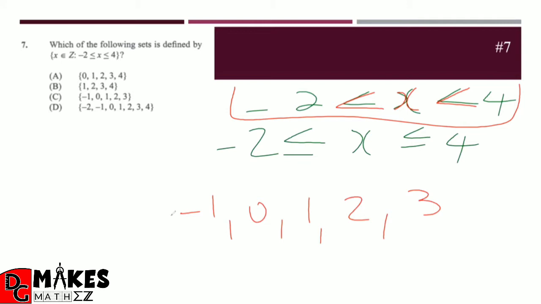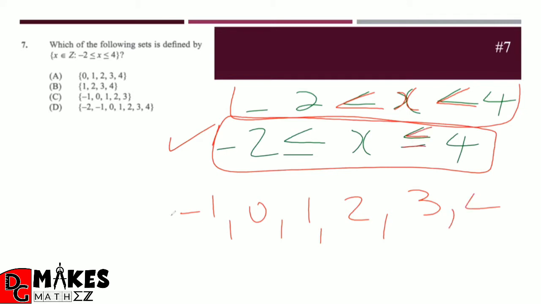However, the one we're given says the X values must be less than or equal to 4, so we know that 4 is included, and they should be greater than or equal to -2, so -2 should also be included. So our answer is actually D here.